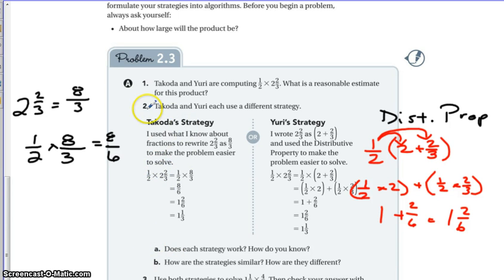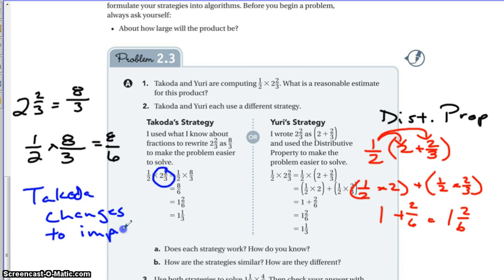So A2B asks, how are the strategies similar? Well, they're similar in that they are not multiplying the 1/2 by the 2 2/3 directly. In Dakota's strategy, he changes the 2 2/3, the mixed number, into an improper fraction. So that's how he takes care of the mixed number.